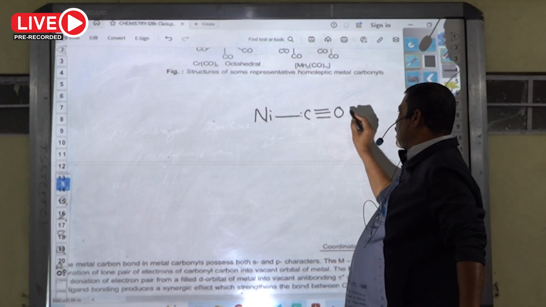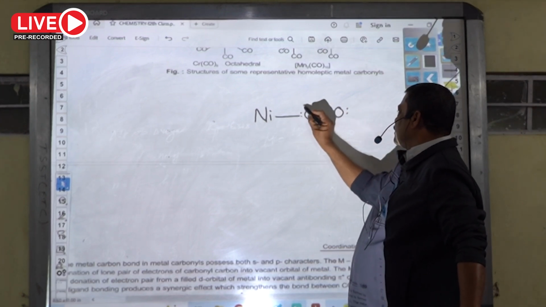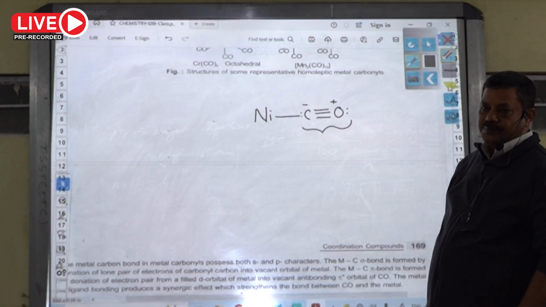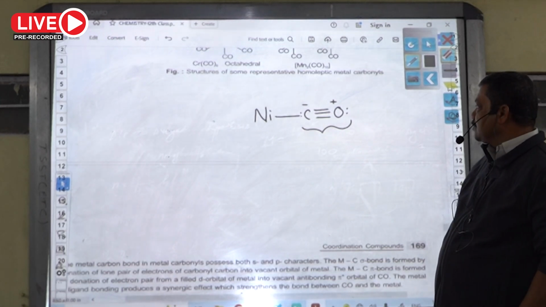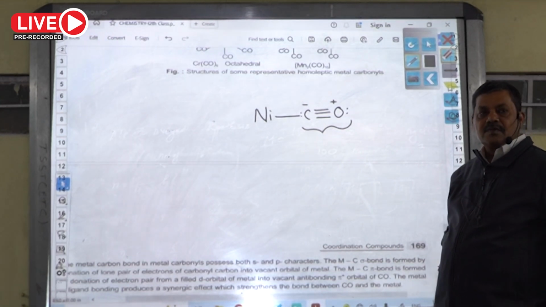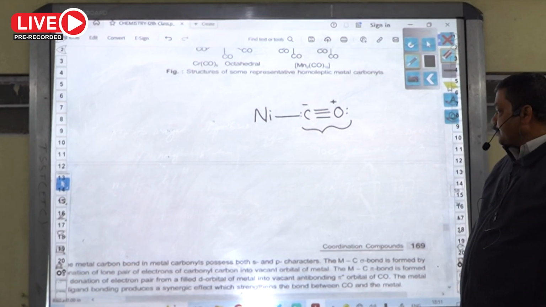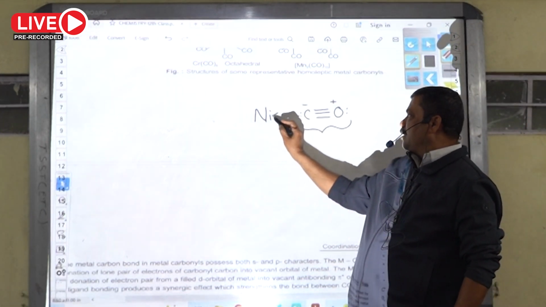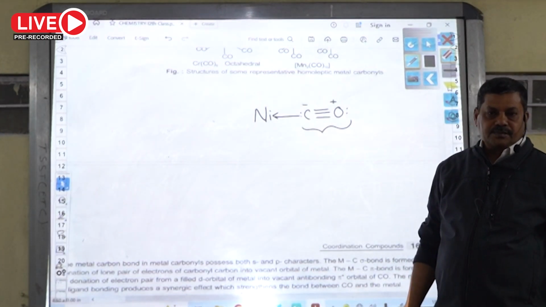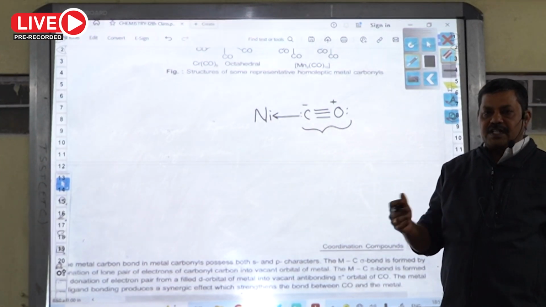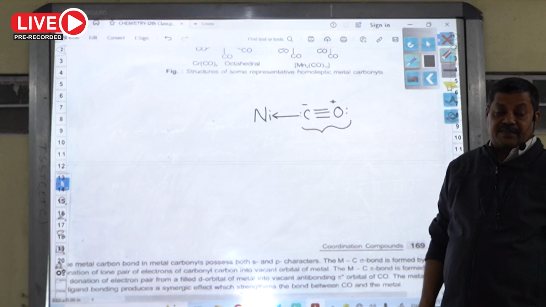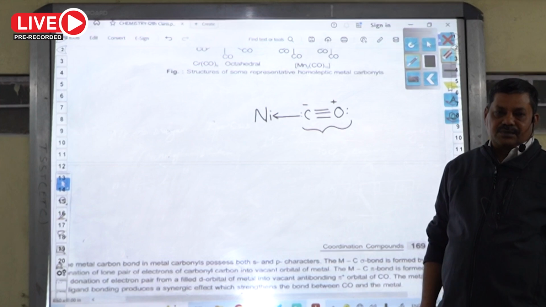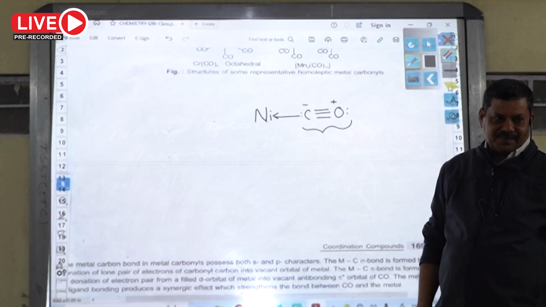Nickel and carbon monoxide react. This is the CO structure. So carbon donates an electron pair to nickel. If you look at the afternoon notes, you see the electronic rearrangement of nickel, 3d8 4s2 becoming 3d10 4s0 4p0. Correct?